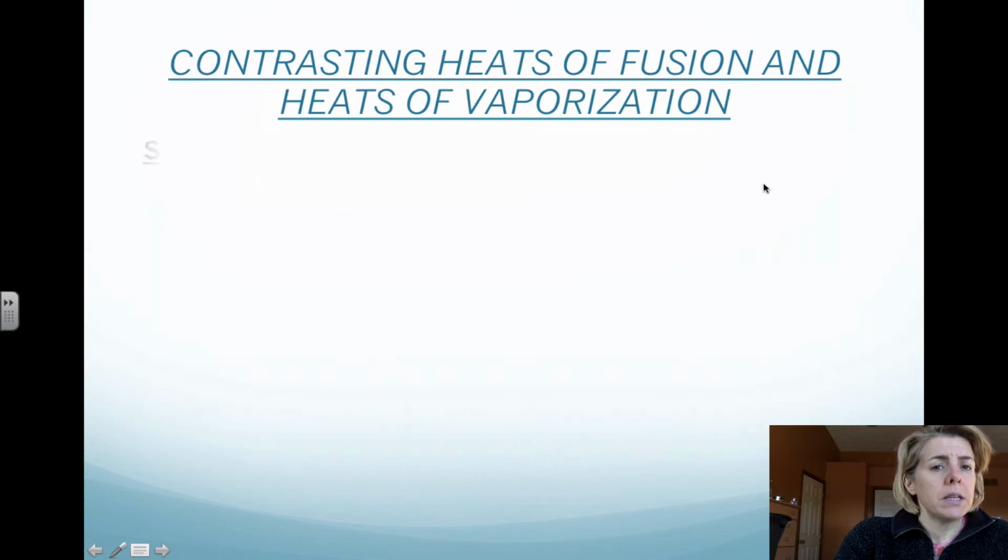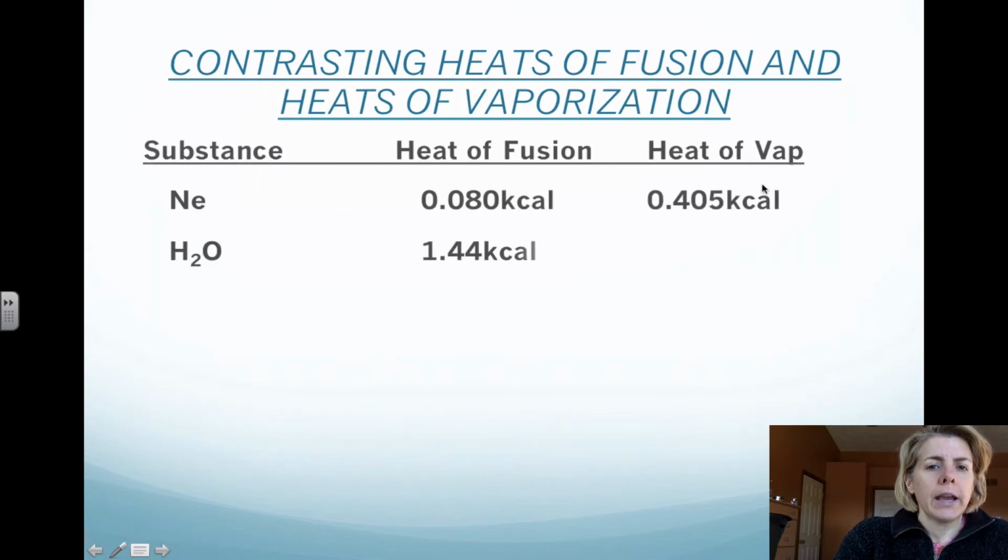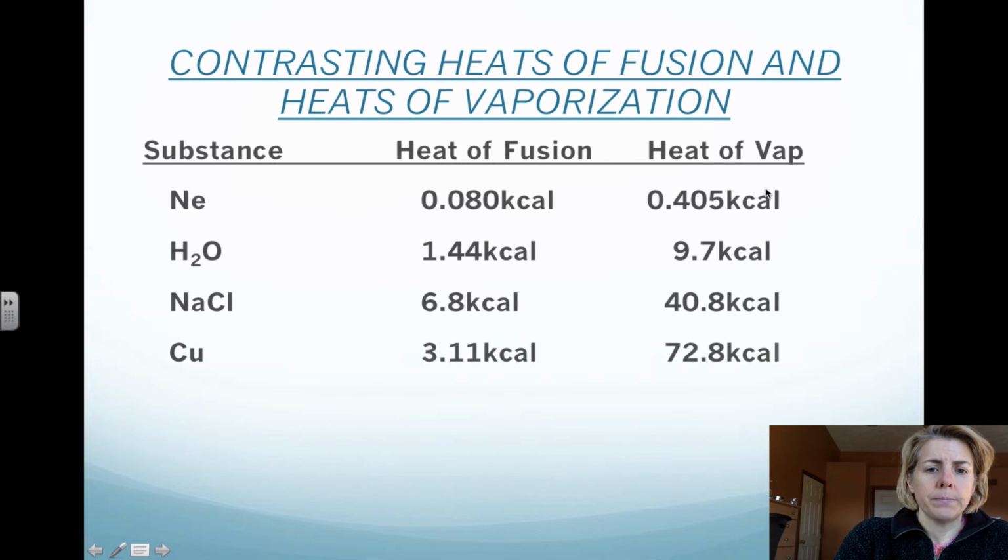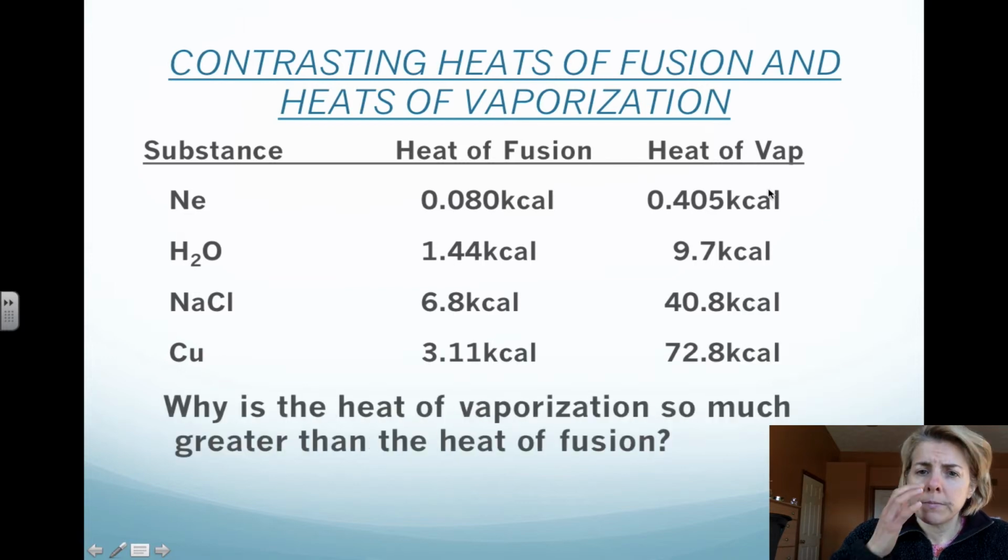All right, what does this mean? Well, when we're looking at the different types of phase changes, notice the heat of fusion, we're looking at very small energies. Heat of vaporization, we're looking at very high energies. And the question is, why do we have such a difference between the two of them? Well, think about it.